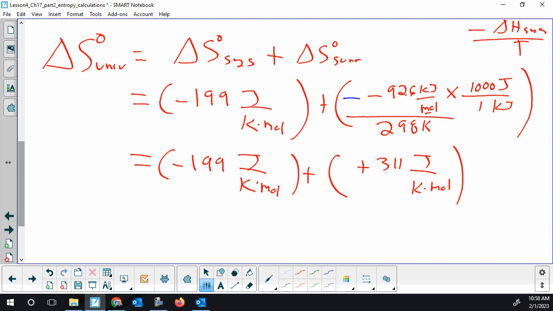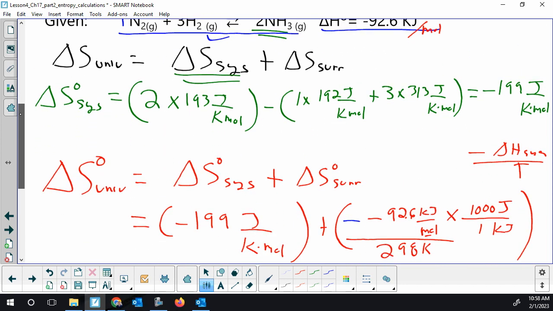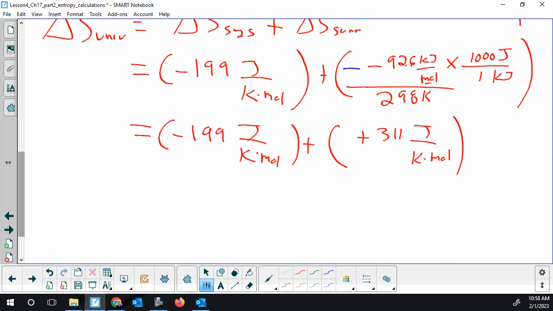And then we'll put them together in a second. But what's going on in this reaction is the entropy change of the system, just the chemicals, doesn't want to create a favorable reaction. We're decreasing entropy in the chemicals.